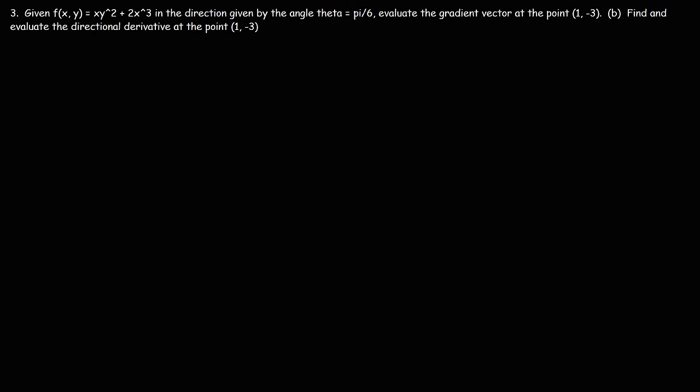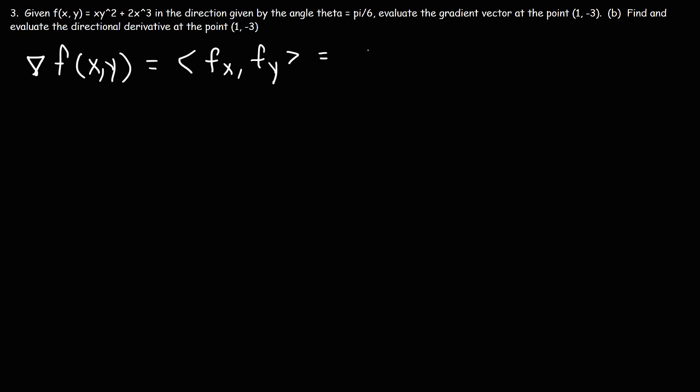Given the function f of x comma y in the direction given by the angle theta, which is pi over 6, evaluate the gradient vector at the point 1 comma negative 3. Well, first we need to find the gradient vector. And it looks like an upside down delta symbol. So the gradient vector of f is equal to the partial derivative of the function with respect to x and the partial derivative of the function with respect to y.